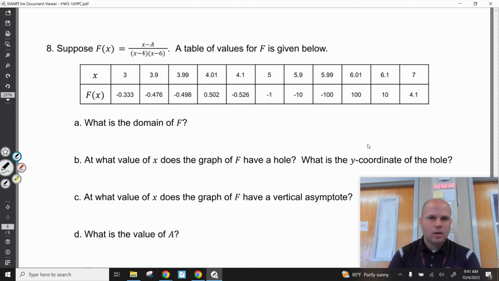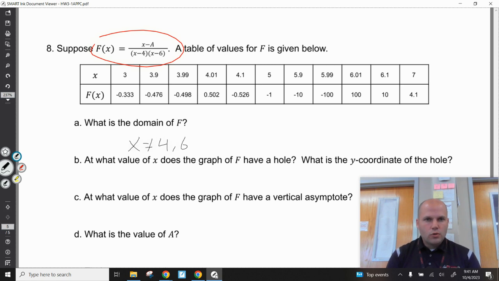Okay. Giving you a table of values, making sure you can interpret and understand what's going on. Giving you a function too, that helps you out. What do we notice? You can't plug in 4 or 6 because you'd get a 0 in the denominator. Where does your graph have a hole?